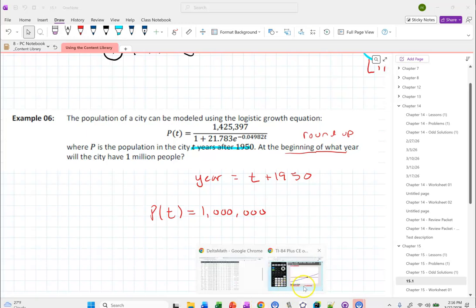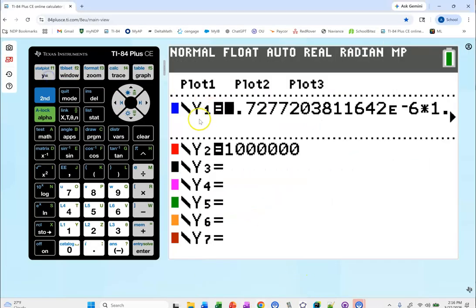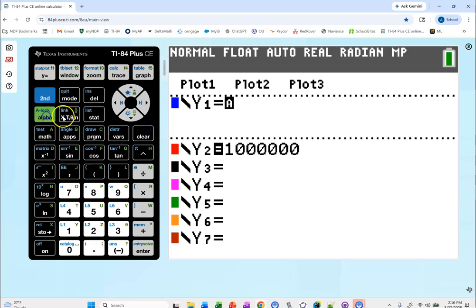Okay. So I'm going to go to my calculator. We'll do this again on the calculator. I'm going to type in my logistic function. It is much, much easier to do that if I have a horizontal fraction bar. So you do alpha and then the variable button, and it'll give you the horizontal fraction bar. You see it on the calculator screen right there in green.